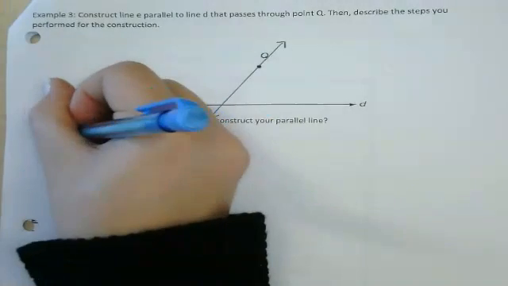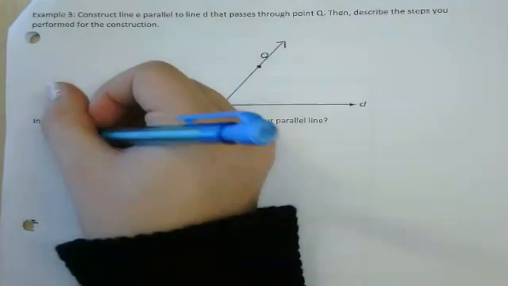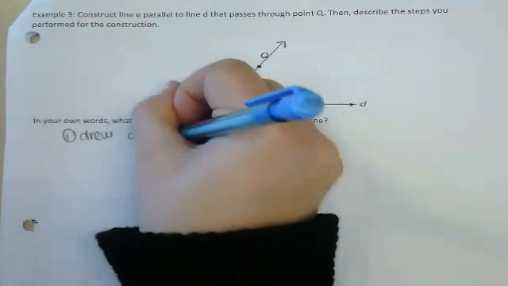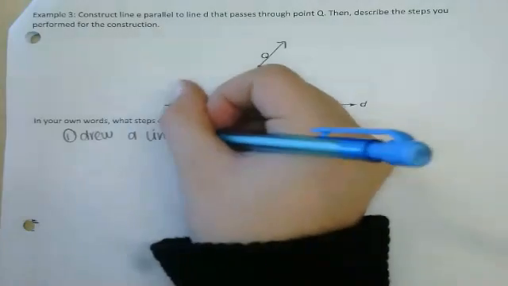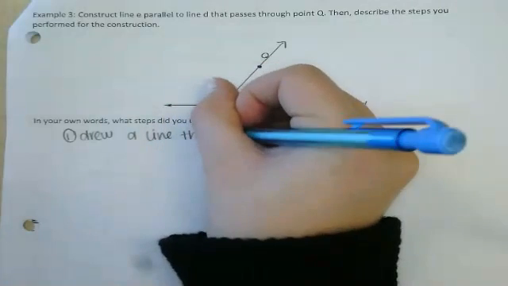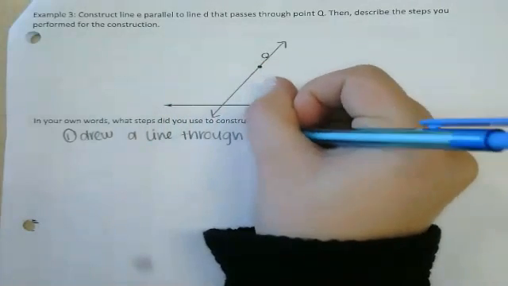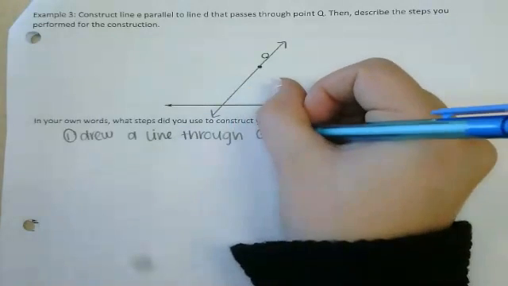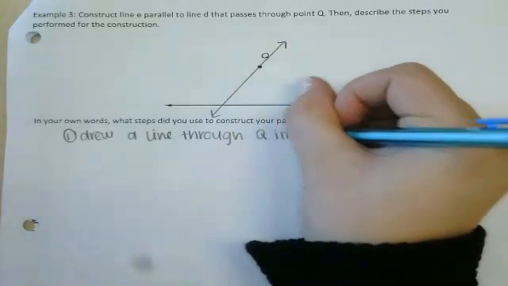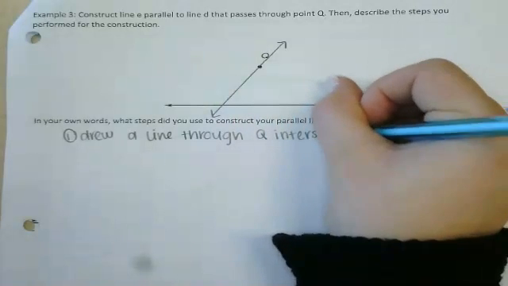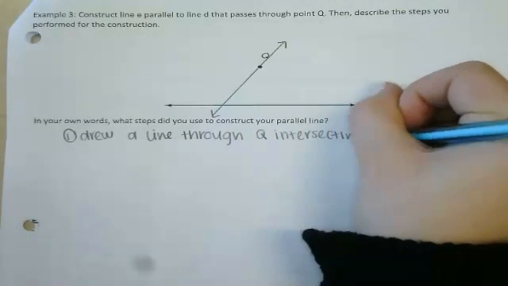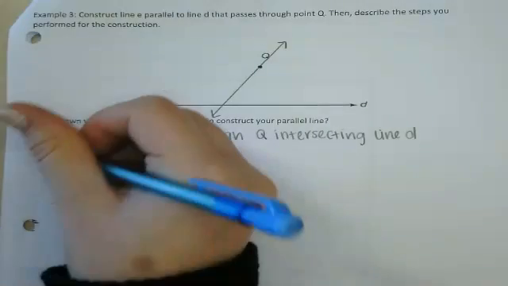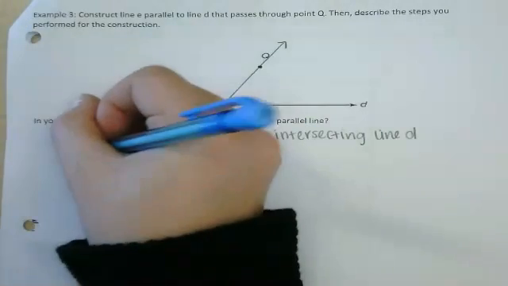So our first step was we drew a line through Q intersecting line D. And remember that this will act as our transversal.